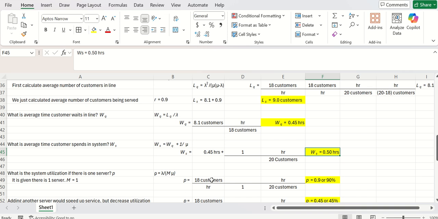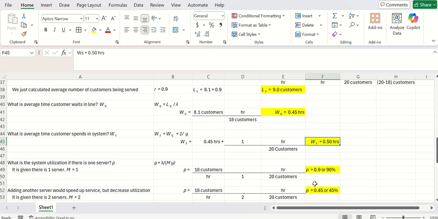So 18 customers per hour, lambda, divided by number of servers, here it's 1, times mu, which is 20 customers per hour. So the utilization is 0.9, or 90% of the time, the one server is going to be busy.